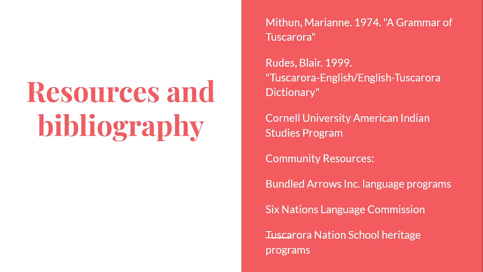I think you have to have an account to access it, but you can still access it that way. And if you want to look up more information about the heritage programs they have for Tuscarora Nation, or the language program they have at Bundled Arrows Inc., or any of the other revitalization programs that the tribe or the three or more Tuscarora nations are doing, you can also check out these sources as well.